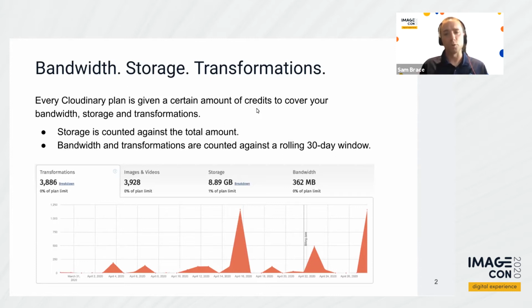And that's judged against a rolling 30-day window. So as an example, if I created some content with transformations, and I have also delivered some content, and it happens to be June 10th, that means that at July 11th, after that 30-day window has passed, any of those transformations or bandwidth I did on June 10th aren't counted against the quota review period.